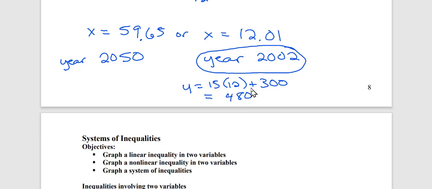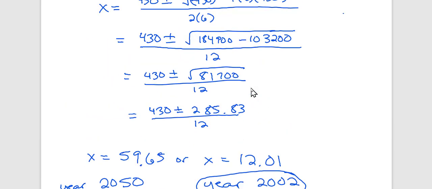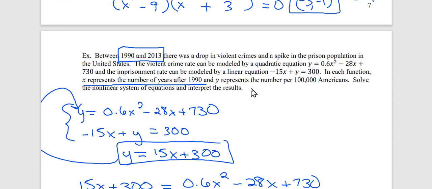Let's talk about the interpretation of that. y represents the number per 100,000 Americans. Well, in one of the equations, the y is talking about violent crimes, right? Violent crime rate.